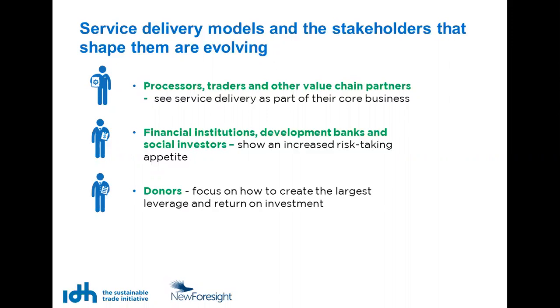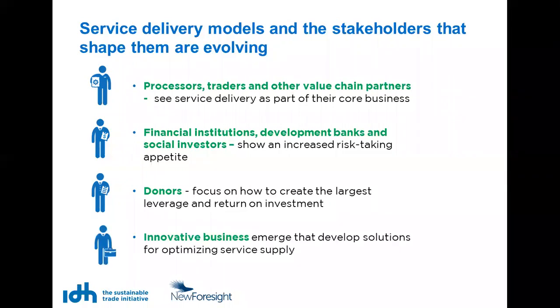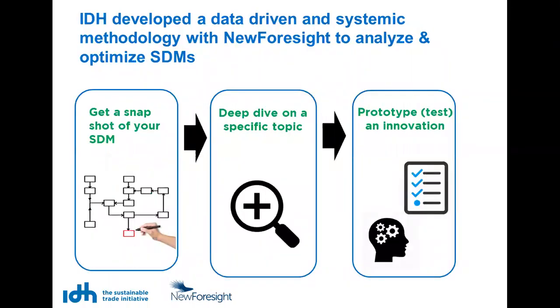Donors, some of whom have diminishing budgets, increasingly focus on best value for money and how to create a good return on investment for their grant budgets. And we see innovative businesses emerging around service delivery models that, for example, work on traceability systems and mobile technology to drive down costs.